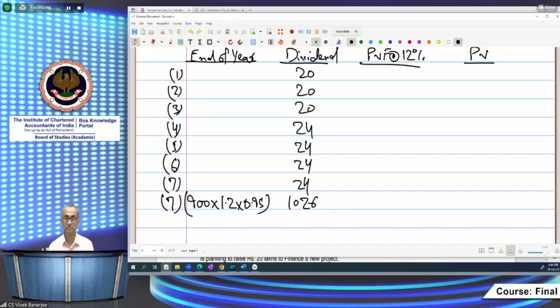Now we have calculated all the figures, dividend figures as well as sales figure. Let us multiply it by the present value factor or the discounting factor to arrive at the present value, at 12%. PV factor for first year is 0.893. For second year it is 0.797. For third year 0.712. For fourth year 0.636.